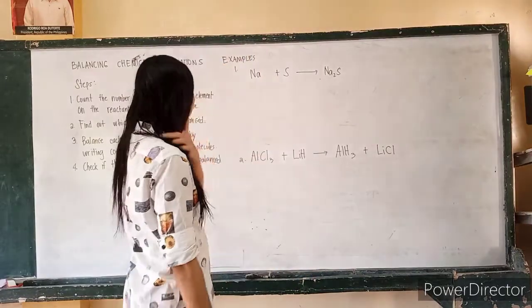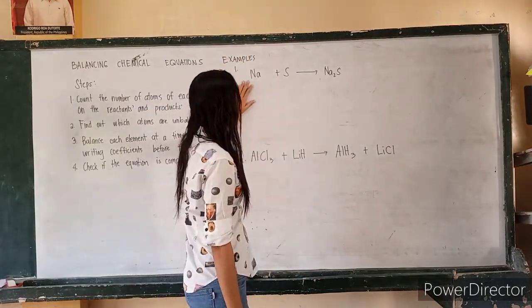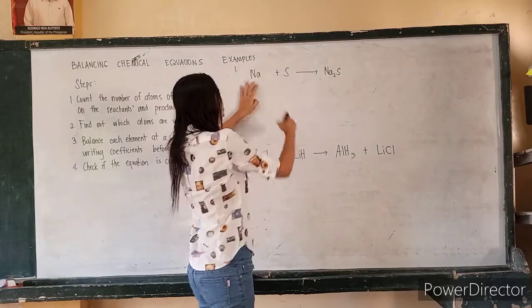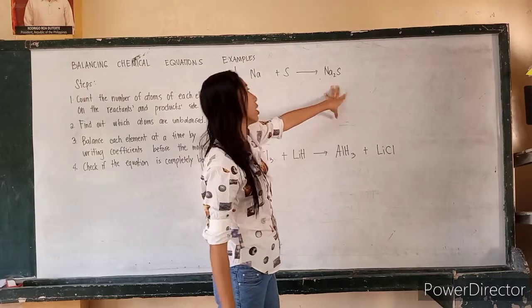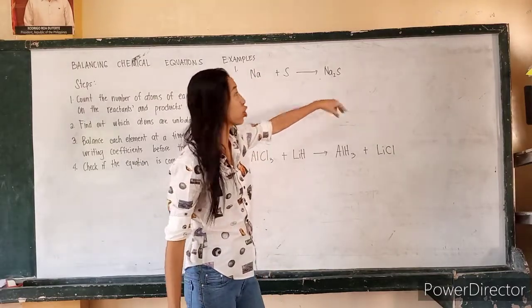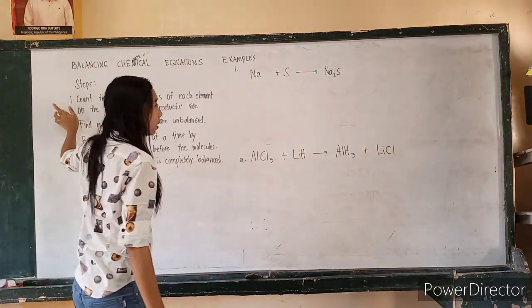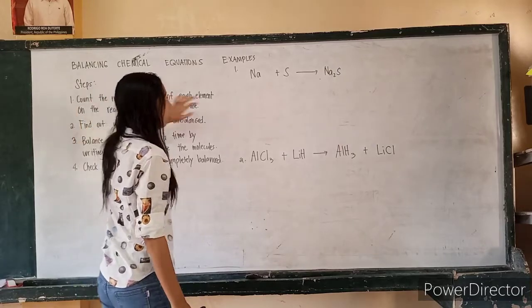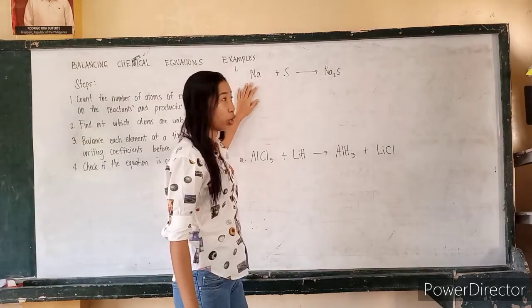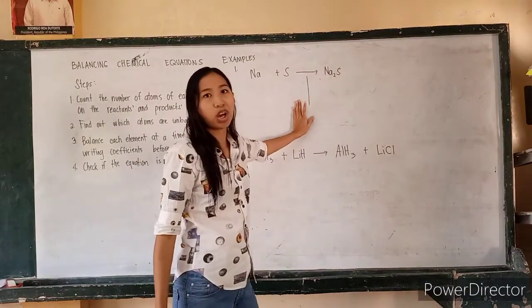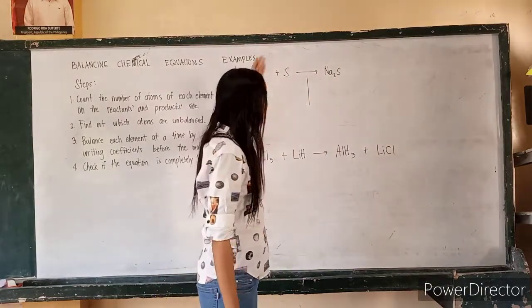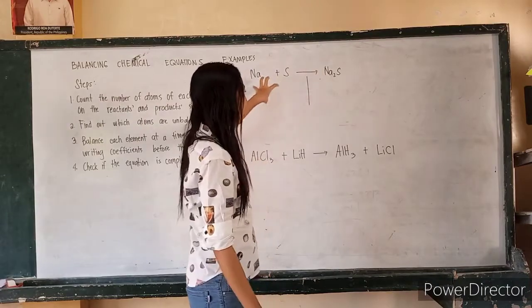Here, your reactants are sodium and sulfur, and your product is Na2S. Based on the steps, the first is to count the number of atoms on each side. What I usually do is draw a line between the product side and the reactant side.